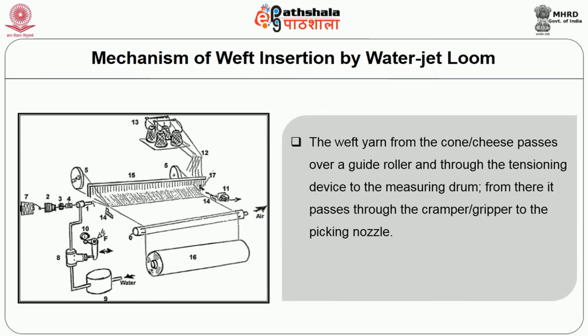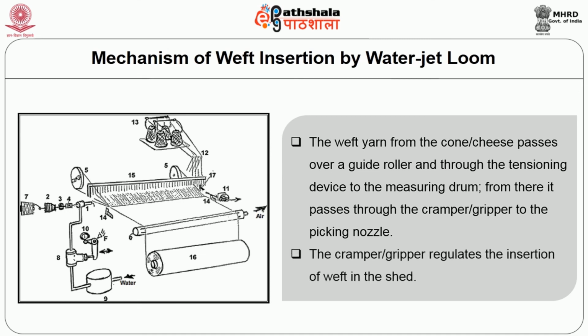The weft yarn from the cone or cheese passes over a guide roller and through the tensioning device to the measuring drum. From there it passes through a cramper or a gripper to the picking nozzle. The cramper or the gripper regulates the insertion of weft in the shed.